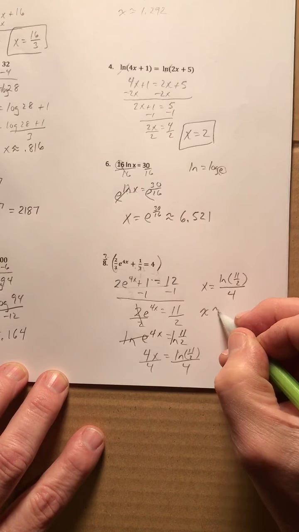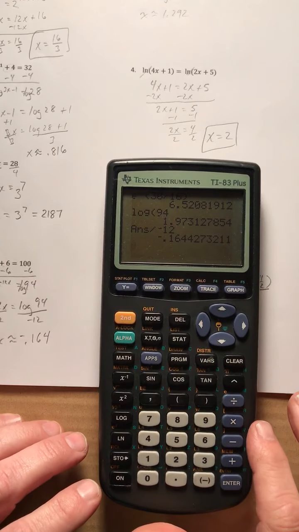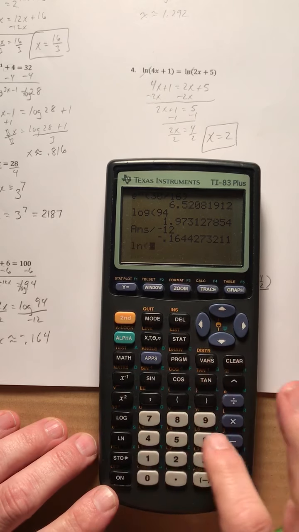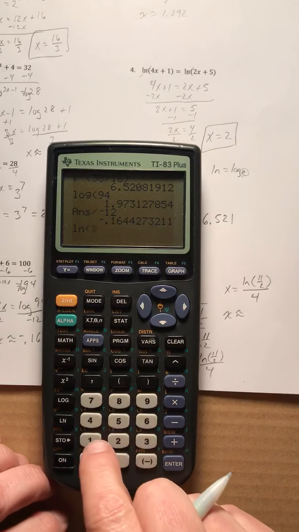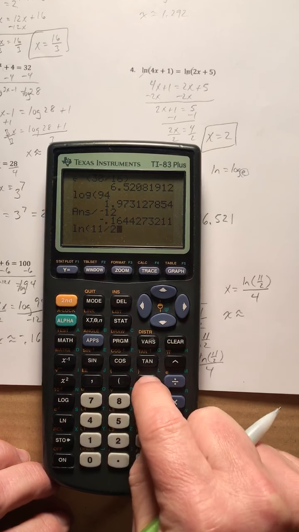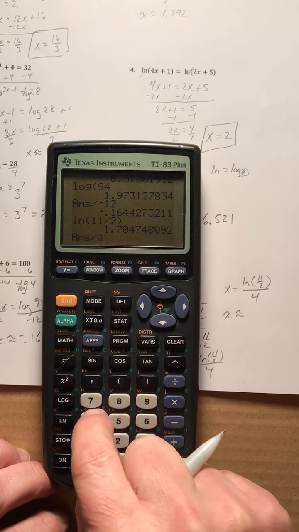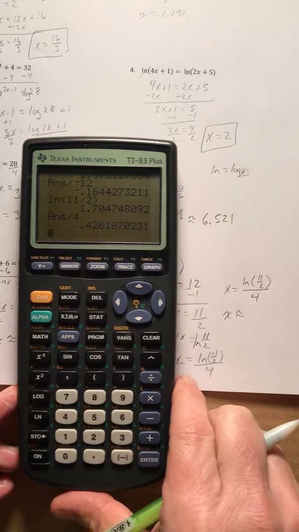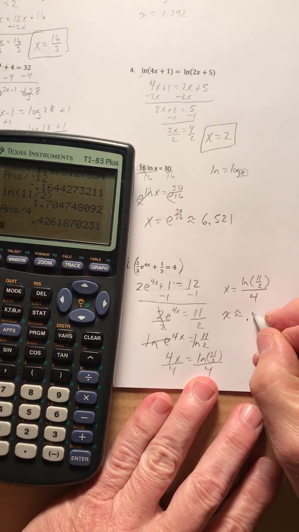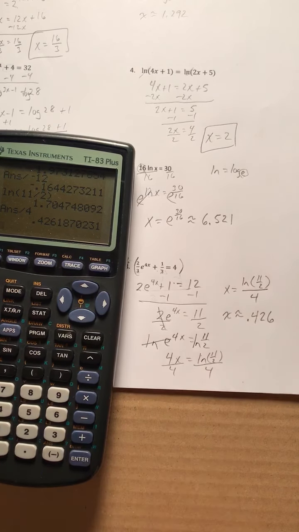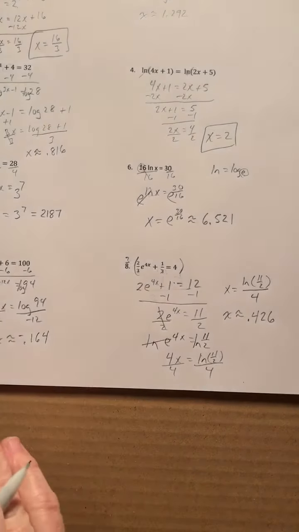So we get x is approximately, and then I use my calculator. So here we go. I'm going to do ln of 11 divided by 2, and my parenthesis, enter. And then I'm going to divide that by 4 and hit enter. So I get approximately 0.426. All right, and that's it. Those were the classwork problems.